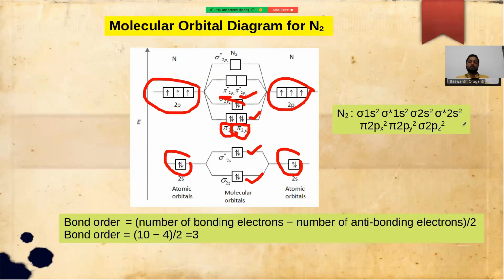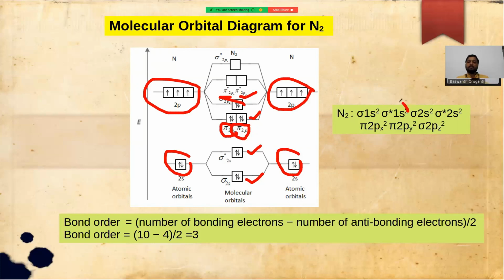To calculate the bond order, we take the number of bonding electrons. So we count the bonding electrons: sigma 1s2, 2 electrons; sigma 2s2, another 2 electrons; pi 2px2, pi 2py2, 4 electrons; sigma 2pz2. So a total of 6 plus 4, 10 electrons are there in bonding molecular orbitals.